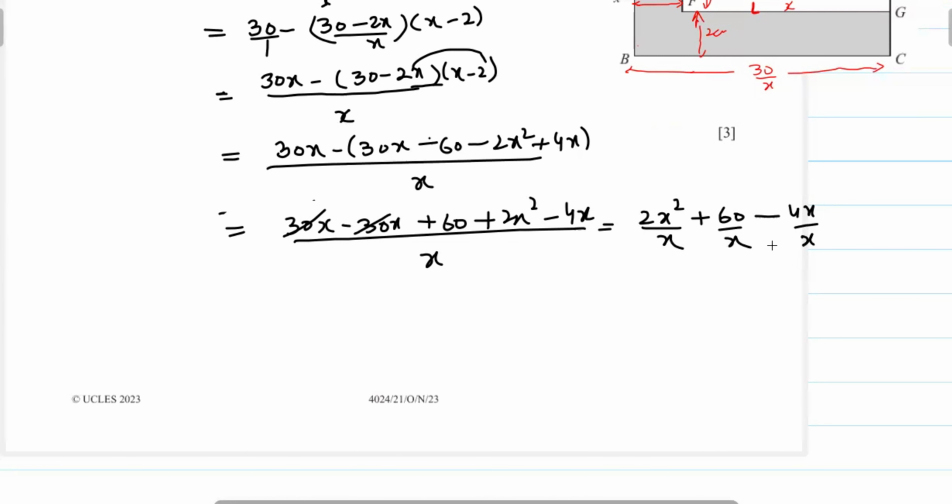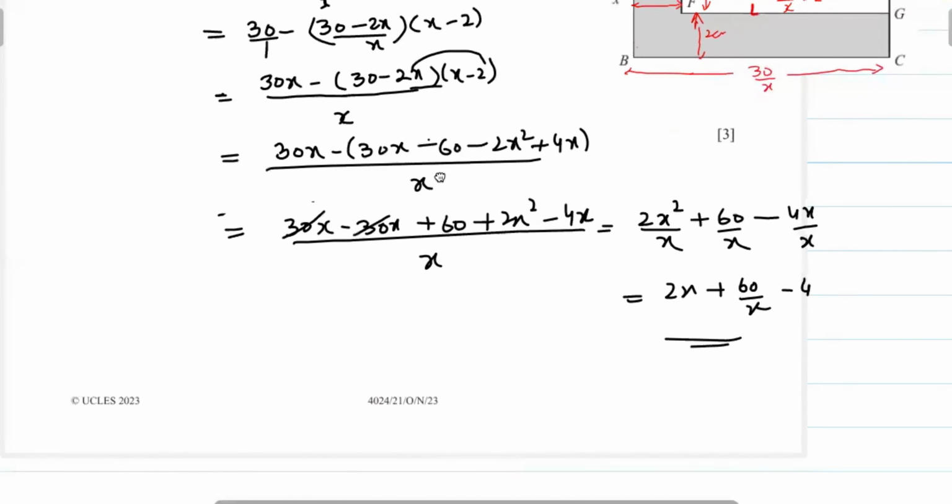We can write it as 2x plus 60 over x minus 4. Hence, it is proved.